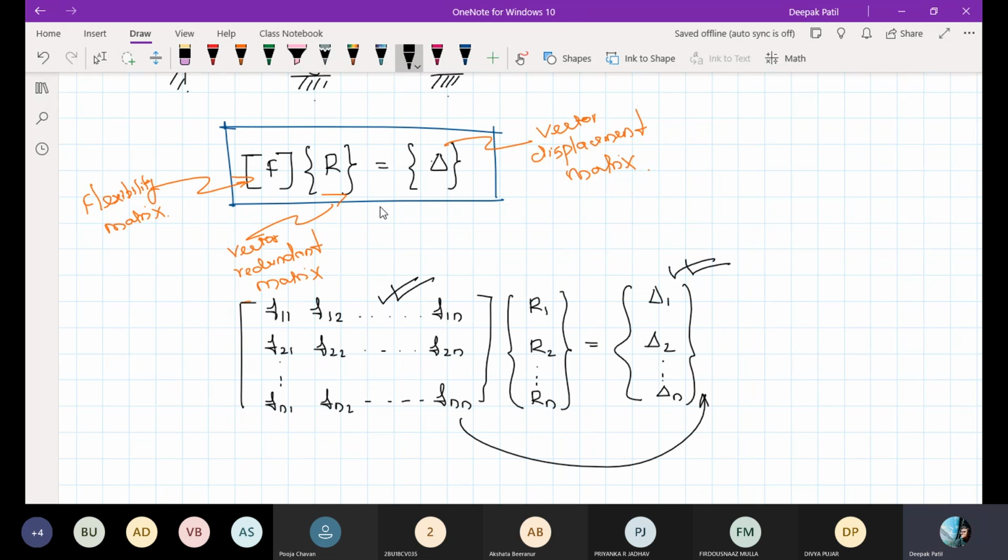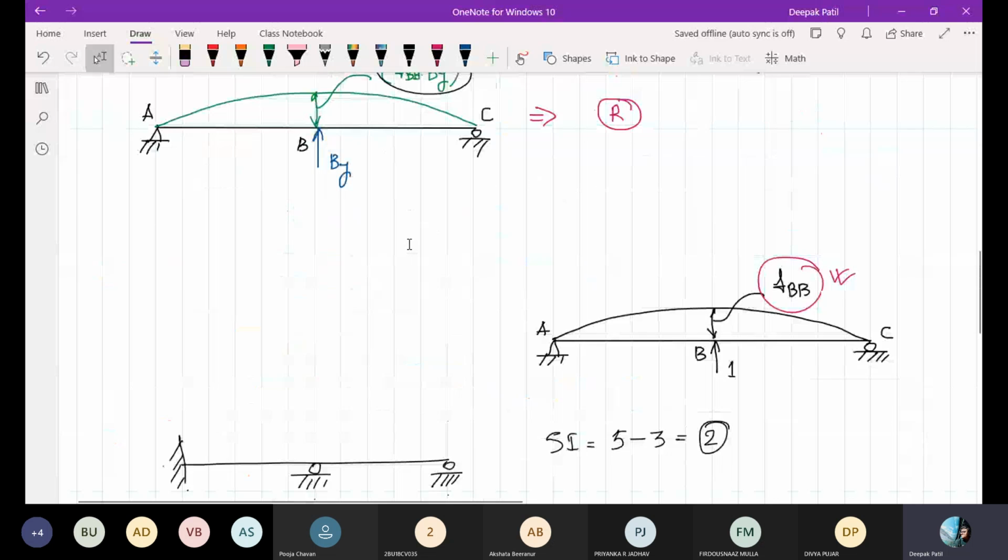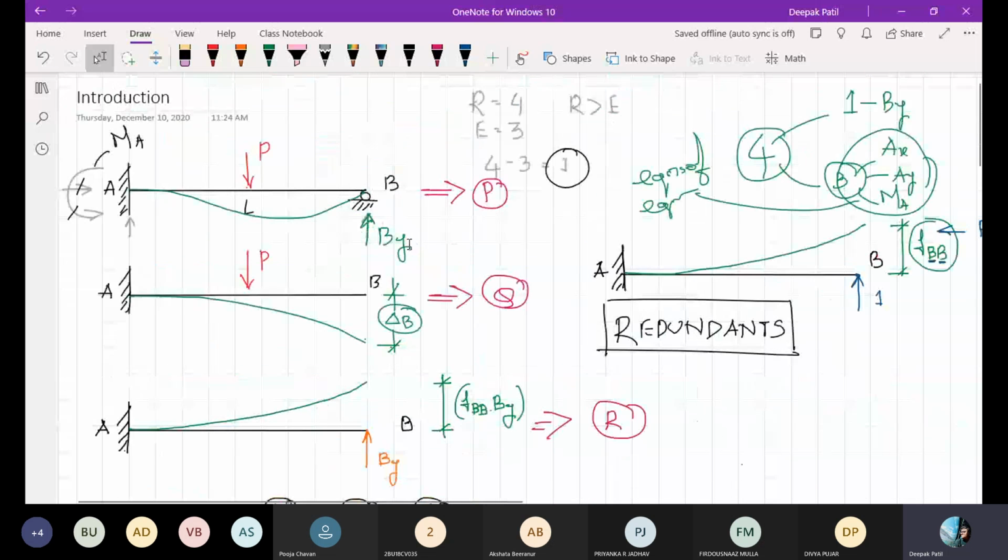How to use this matrix, I will explain in my next class when we take up simple numerical examples. Are you clear? Yes, sir. This is the gist, the main foundation behind the flexibility matrix method.